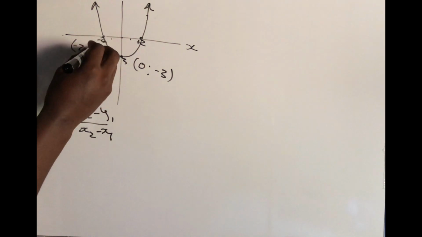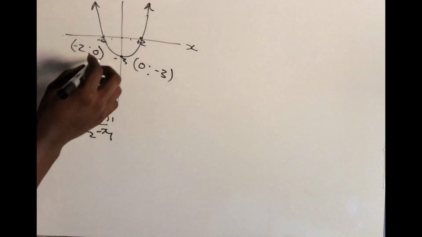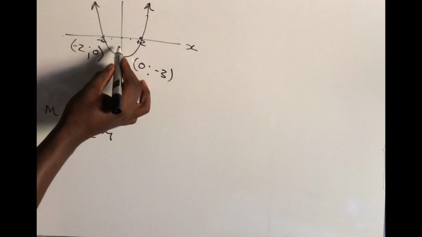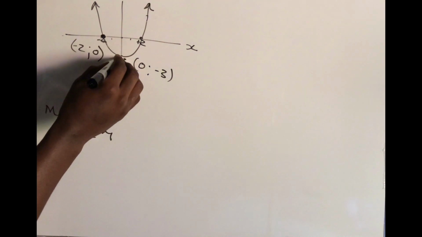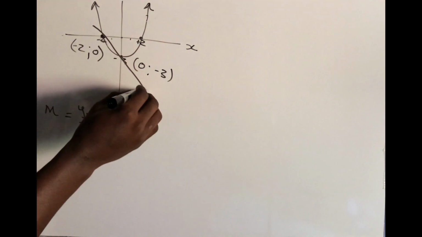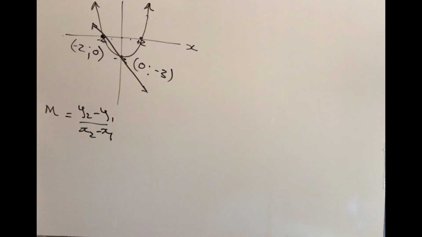Y is 0. So they will say calculate the average gradient between the values x equals negative 2 and x equals 0. So x is negative 2 here, x is 0 here. They want the average gradient. So you can see that 2 points form a straight line.